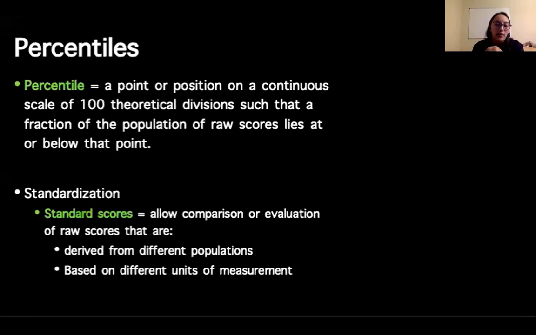And then these are also helpful when we're looking at different units of measurement. So if I'm assessing people's health status using a lot of different variables, I could measure that by using their resting heart rate. I could look at their blood pressure.